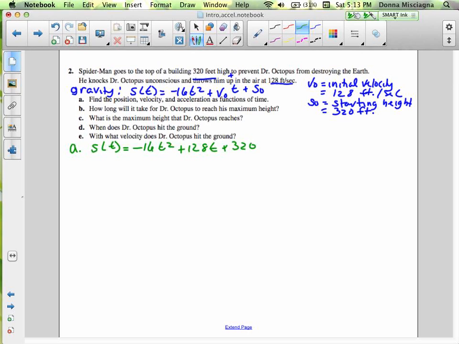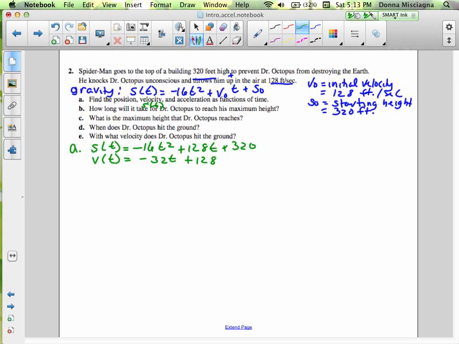All right, so now velocity is just the derivative of position. So v of t equals the derivative of negative 16t squared plus 128t plus 320. Using the power rule, that will just be negative 32t plus 128.